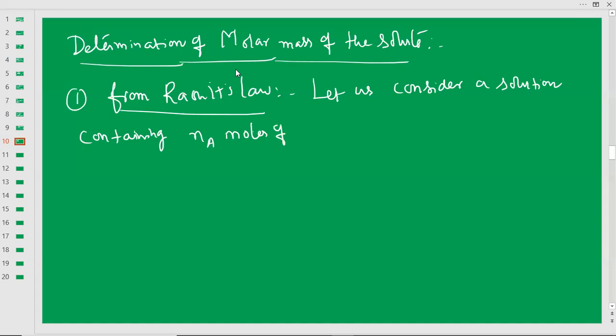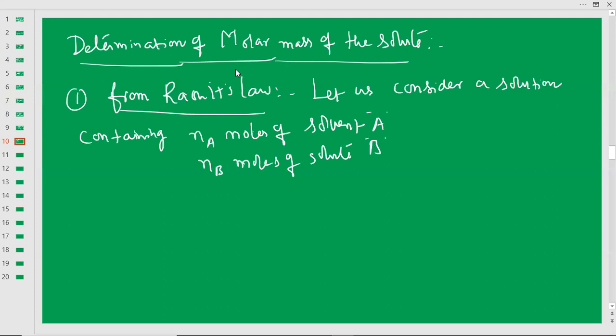That is A, I am calling solvent is A. And NB is the number of moles of solute. I am calling solute is B.